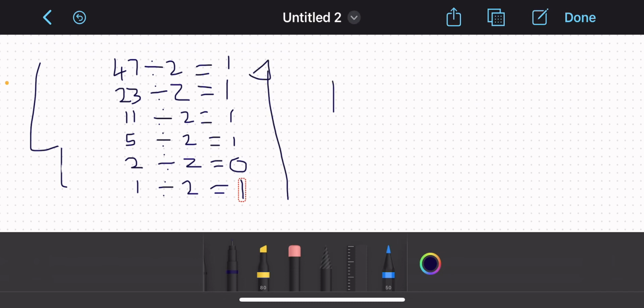So we're going to say 1, 0, 1, 1, 1, 1. We write this first, this second, this third, this fourth, this fifth, sixth. And that's how we use our division method. So you can use the subtraction method or the division method. You will just choose whatever works best for you.